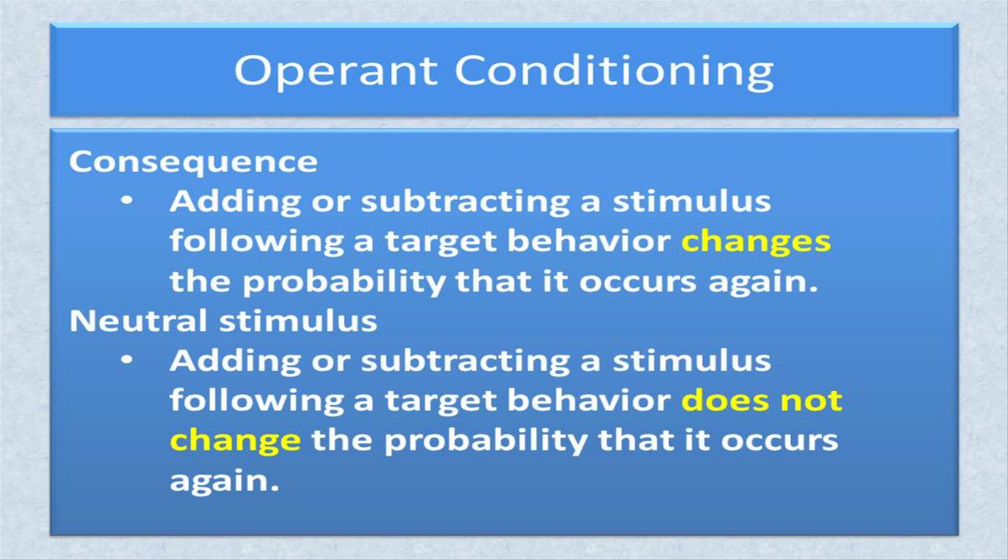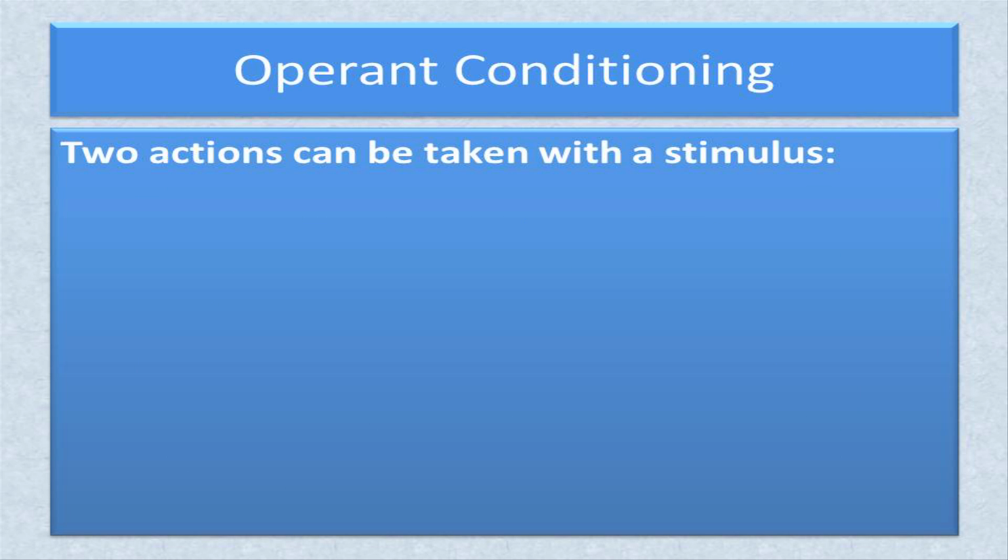Either the behavior changes after the application of a stimulus, in which case the stimulus is labeled a consequence, or it does not, in which case the stimulus is labeled a neutral stimulus. If behavior changes, then operant conditioning was used. If behavior does not change, then operant conditioning was not used. There are two actions that can be taken with a stimulus.